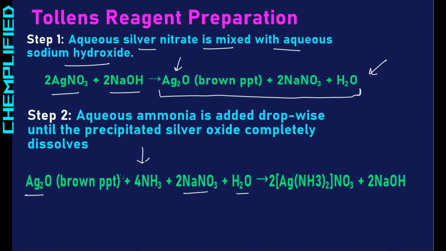When you add ammonia, the silver oxide starts dissolving in the solution, and you have to add ammonia until all the silver oxide is completely dissolved. Then you will get this compound. This is a coordination compound formed by the addition of ammonia and NaOH. But the main reactant, the Tollen's reagent, is this product, this coordination compound.